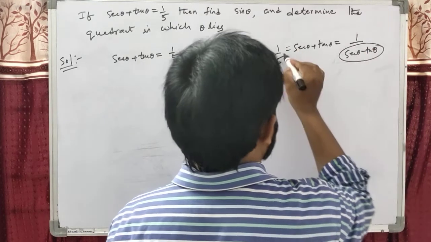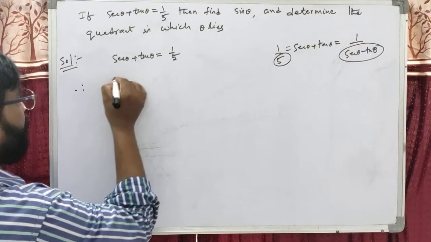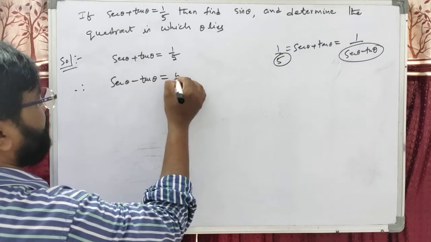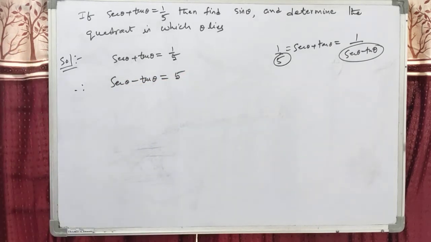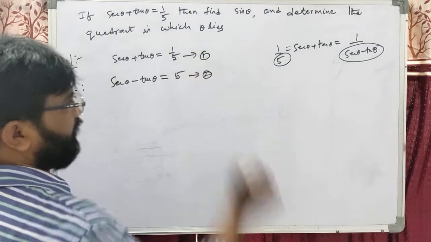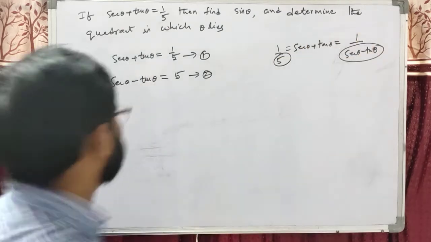Now when we take the reciprocal, we get secant theta minus tan theta equals 5. Okay students, call these equations 1 and 2.